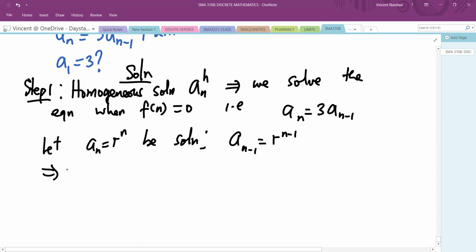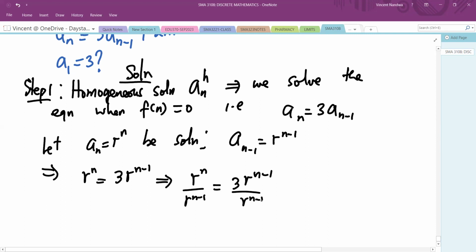So which means that for an, we put r power n, equals 3 r power n minus 1, which means I can divide through by the smallest power of r, which is r power n minus 1. So I have r power n minus 1 times r equals 3 r power n minus 1 over r power n minus 1, which will be r equals 3.